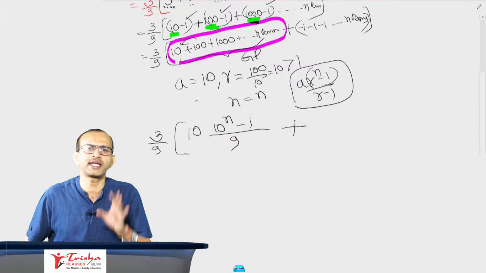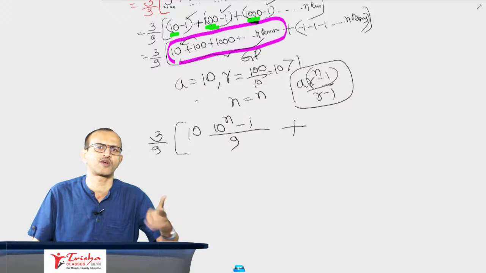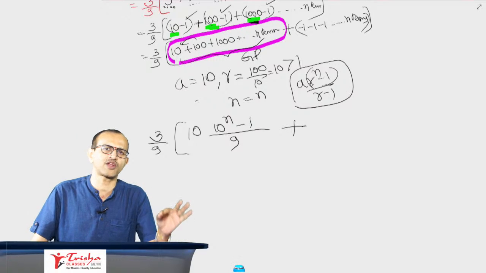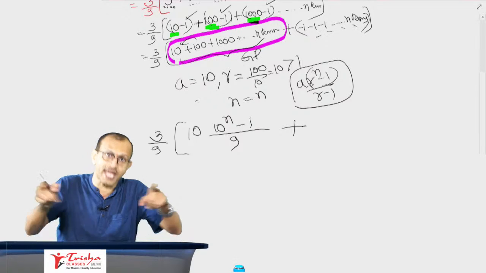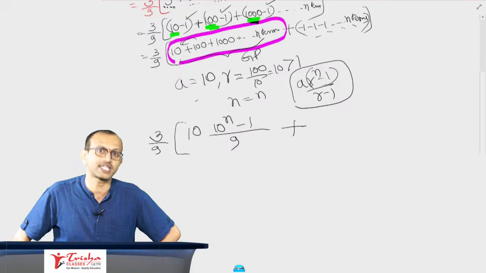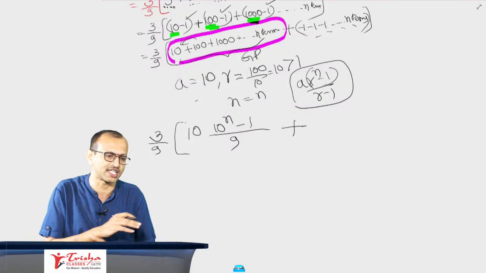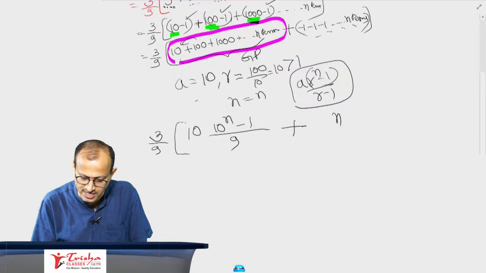Plus minus 1 minus 1, what is the answer? Minus 1 minus 1 two times, what is the answer? Minus 2. Minus 1 minus 1 minus 1 five times, minus 5. Minus 1 minus 1 minus 1 up to n times, like that n. 3 means minus 3, 5 means minus 5, so it is minus n.